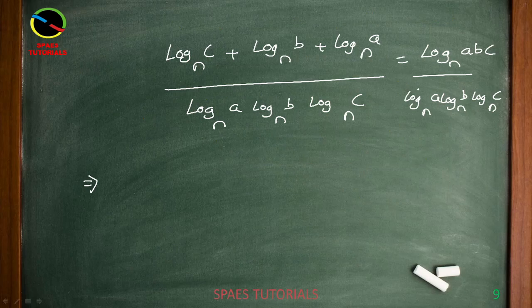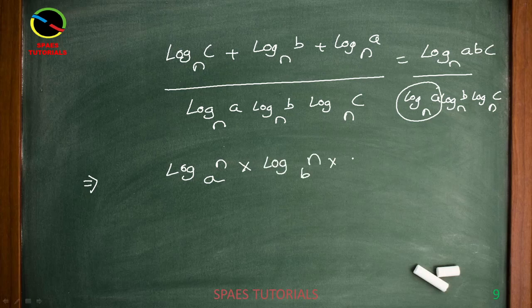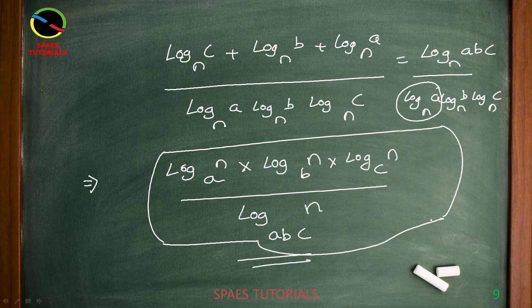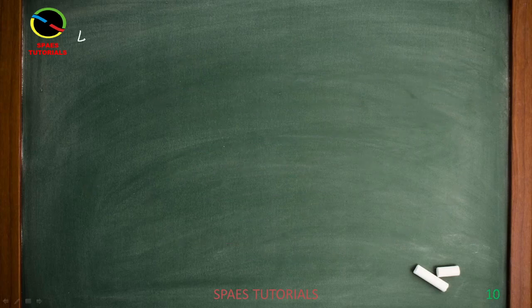Here this expression, if I write everything again, this log A base n I am going to take to the top, it is going to become log n base A into log B base n, if I take it to the top it will become log n base B, log C base n, if I take it to the top it will become log n base C, divided by log ABC base n, I will bring it to the denominator, then it is going to become log n base ABC. I think this is what we need to prove. We have taken LHS and then we have proved the RHS. Is that clear? It should be. Okay. Now, see the fourth question.